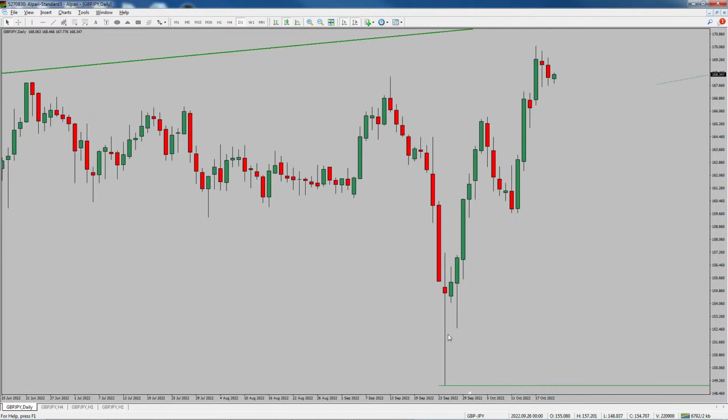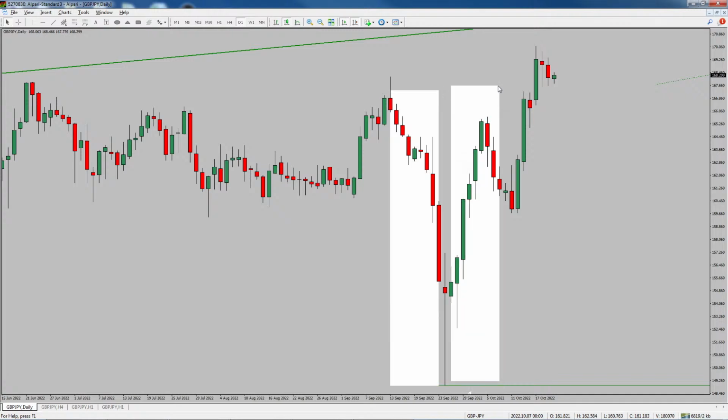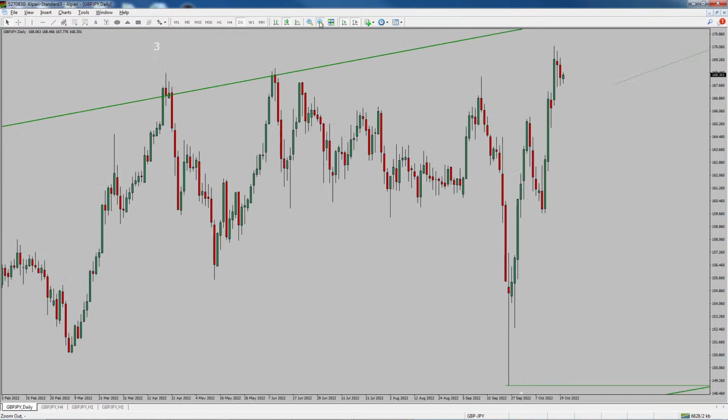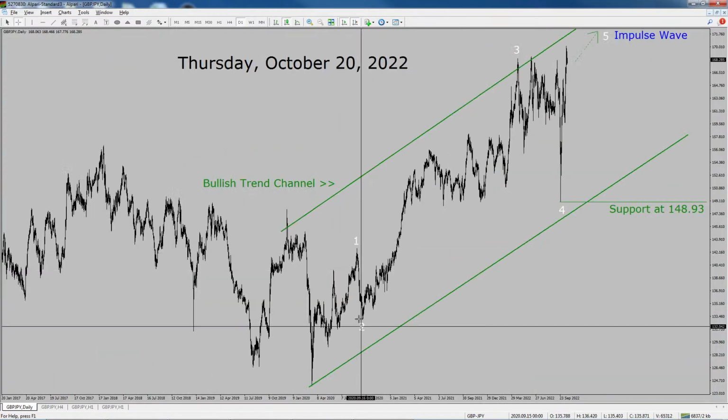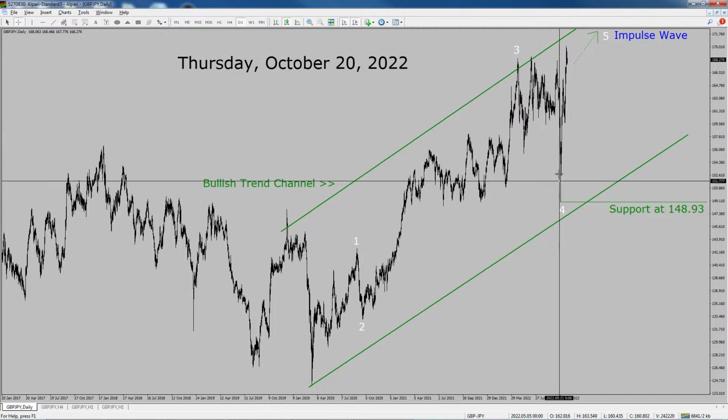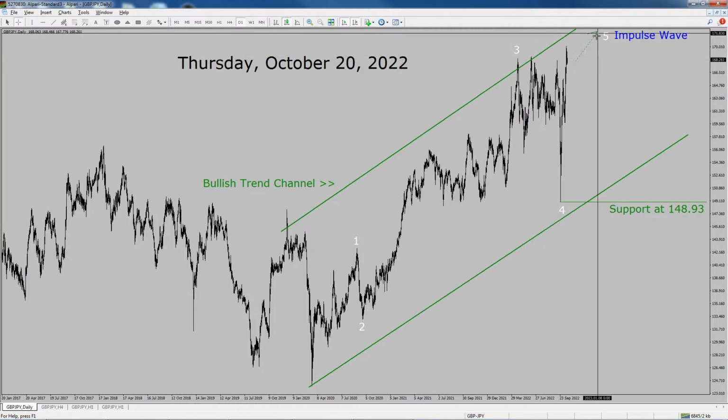You can see we got a nice big swing to the downside and then a reversal as well. This is where the market was falling down, and then right after that we got a reversal. Now this reversal, I don't think the move is over. I think this was wave 1, 2, 3, 4, and the market is going to rise up further.